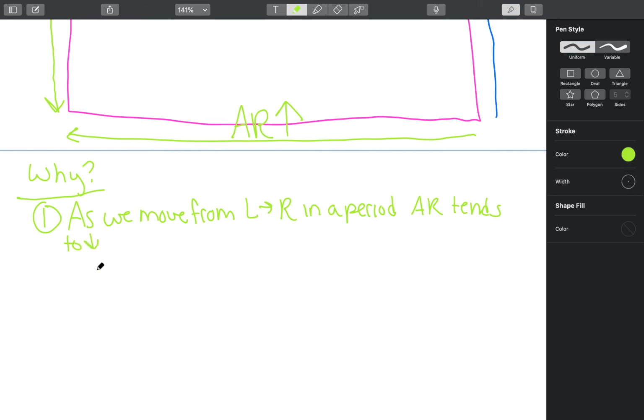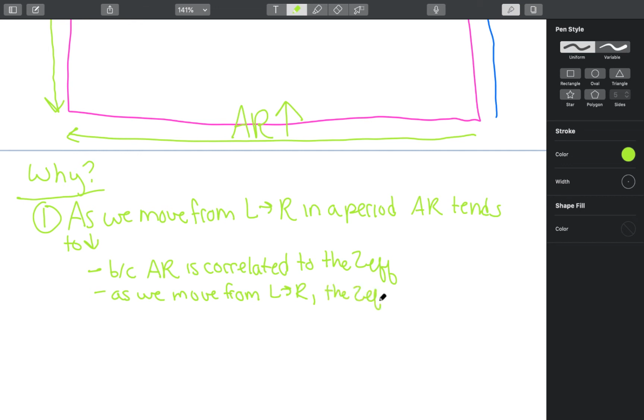Well, it's because atomic radius is correlated to the effective nuclear charge. And as we move from left to right, the effective nuclear charge increases. And this is left to right on a period.